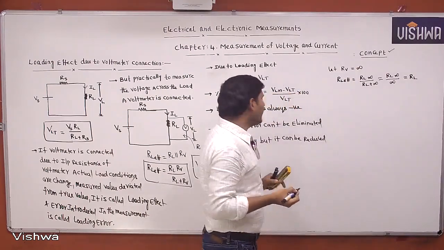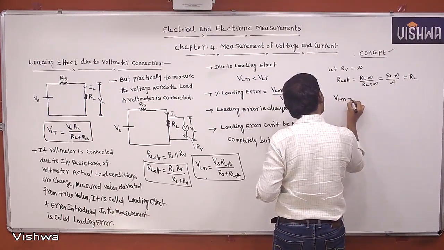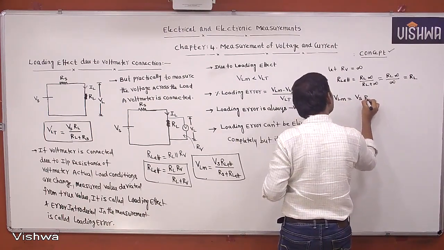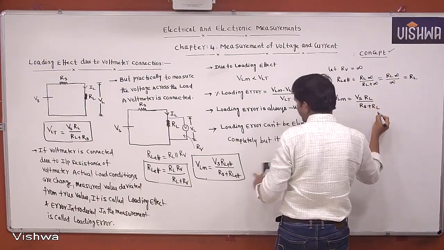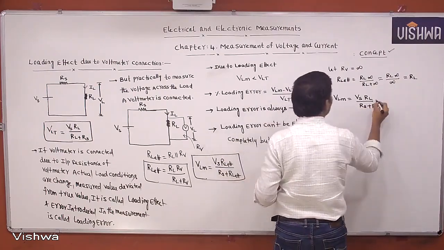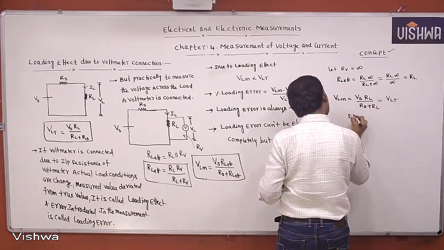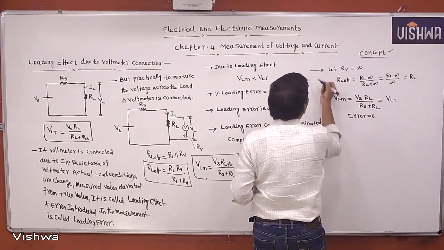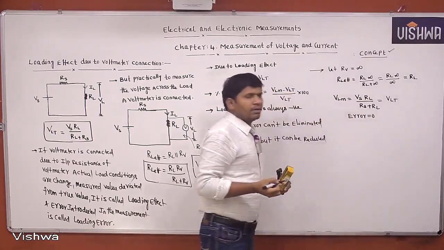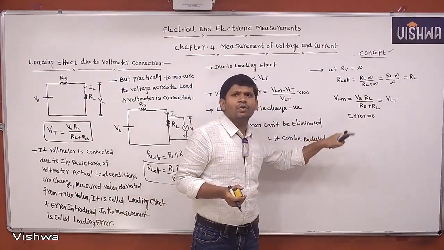If RL effective equals RL, then VL measured equals Vs into RL by Rs plus RL. You substitute RL effective as RL, then it is equal to VL true. Then what is the error? 0. That means if you select a voltmeter with infinite resistance, we can get the error equal to 0.